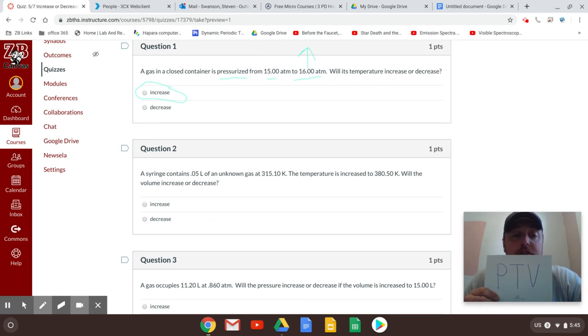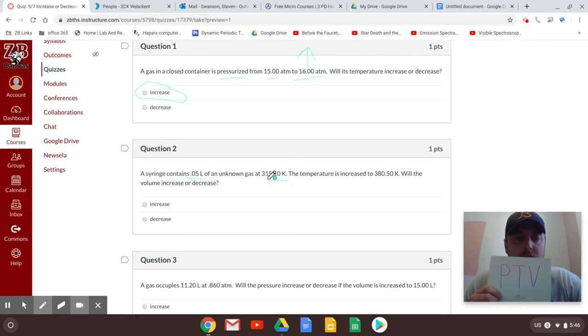Going on to question 2. A syringe contains 0.05 liters of an unknown gas at 315.10 Kelvin. The temperature is increased to 380.5 Kelvin. Will the volume increase or decrease? So we have 0.5 liters, right?